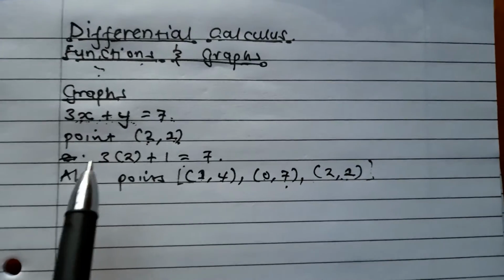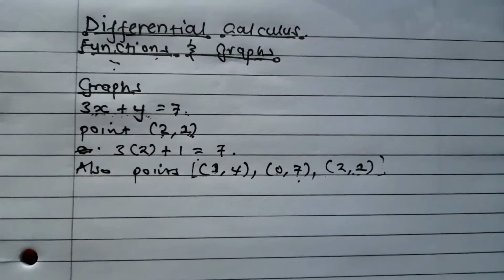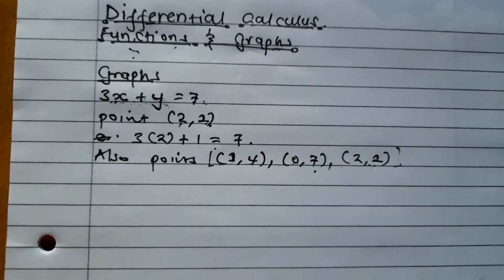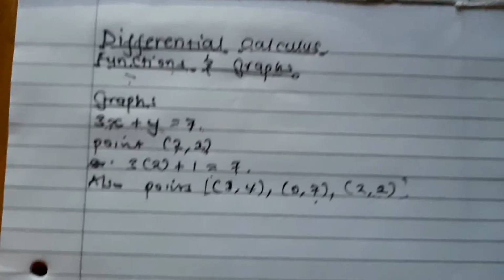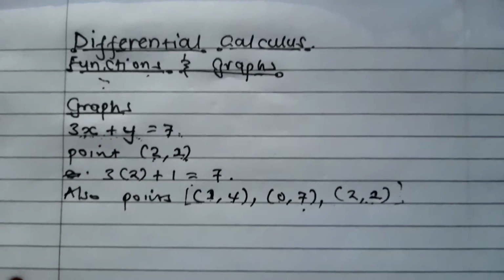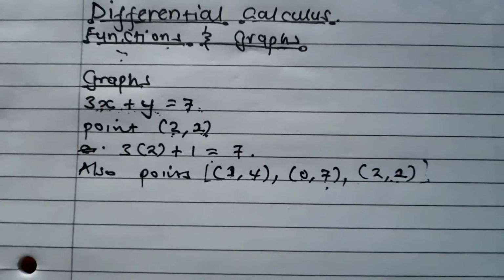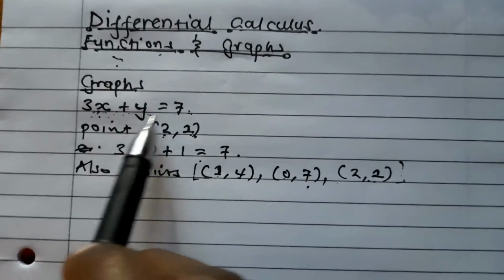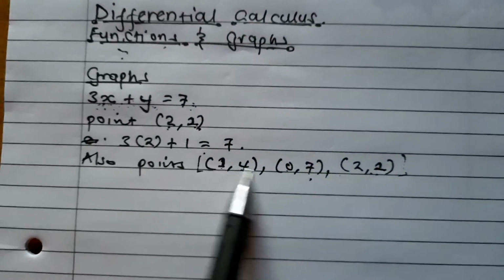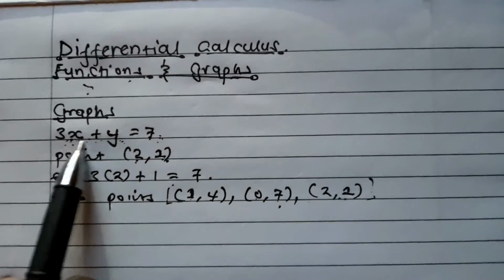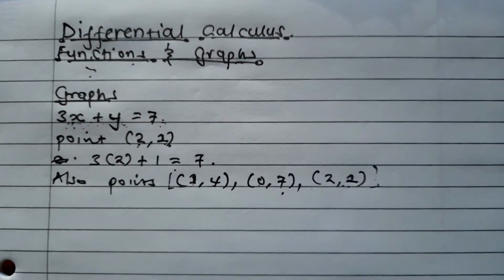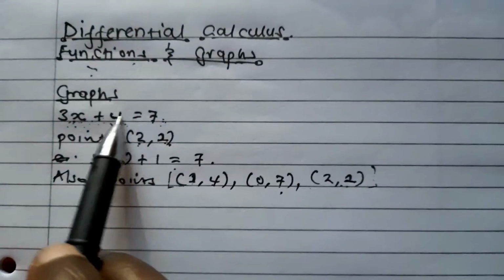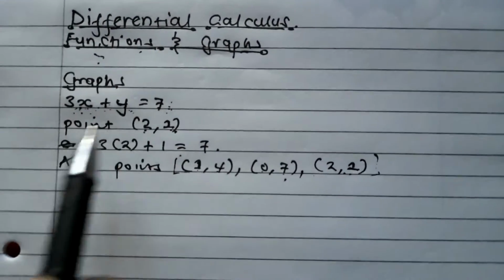And we realize the graph of any equation in two variables x and y drawn on a two-dimensional plane gives us a pictorial, hence a geometrical, behavior of a given equation. So if we have an equation like 3x plus y is equal to 7, and we plot the solution points of this particular equation, we will get to see and to know the geometrical behavior of this equation.